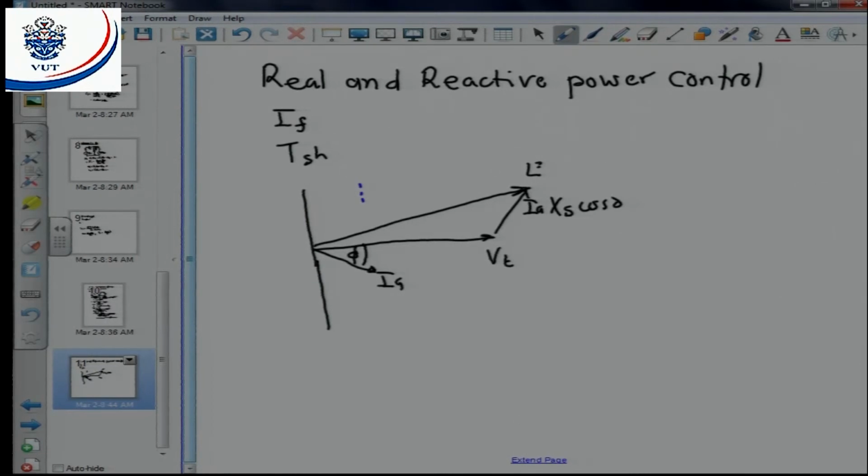IA XS is going to be that way, and the induced EMF will be there. So from this it can be seen that for an overexcited alternator with a lagging power factor, E is bigger than V, and for a leading power factor, E is less than V, and it is said to be underexcited.